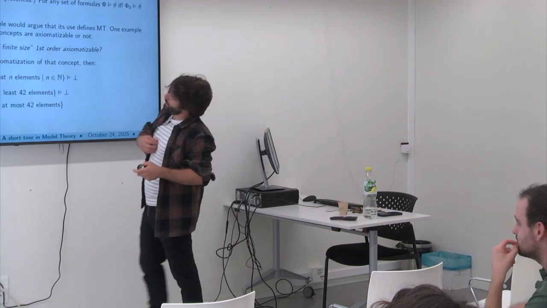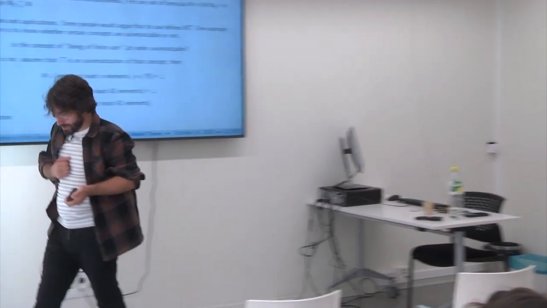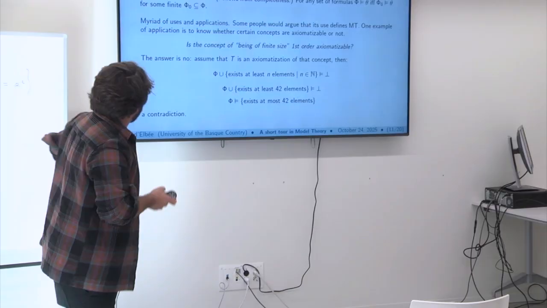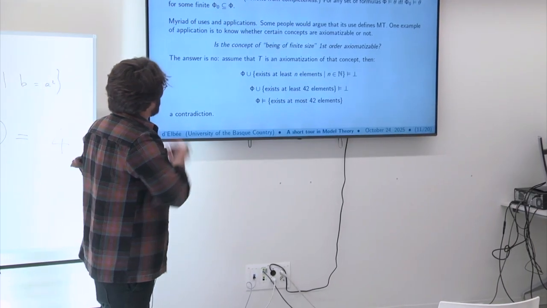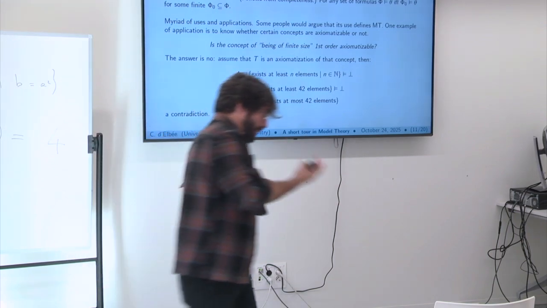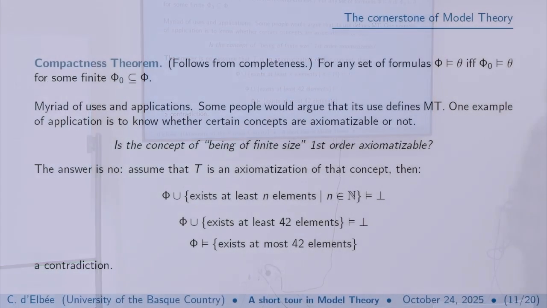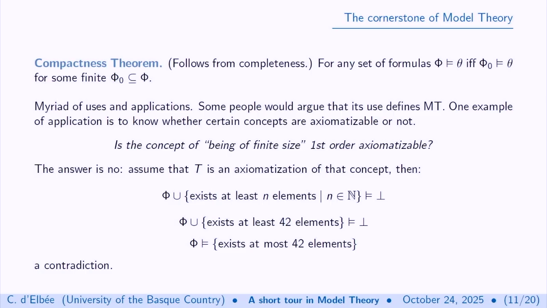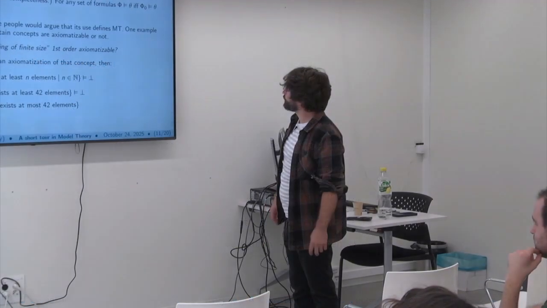It has a myriad of uses and applications. Some people would argue that its use defines model theory: model theory is whenever you can apply this sort of statement. And it's true that for 100 years, people have found extremely different ways of using this very deep theorem in very various places.